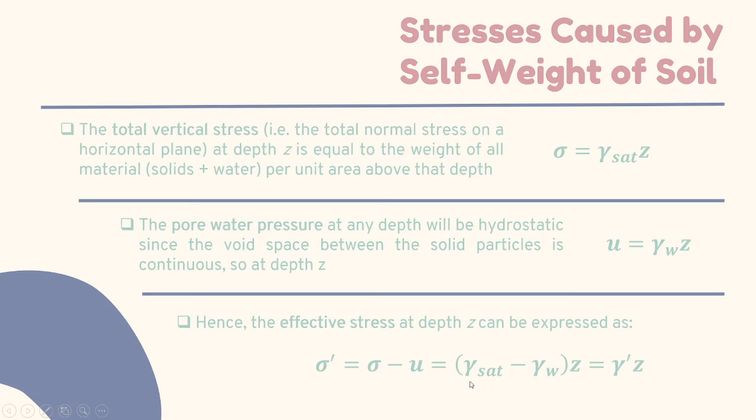So the saturated unit weight less the unit weight of water is equal to the effective, or the buoyant unit weight. This is denoted by gamma prime times Z.